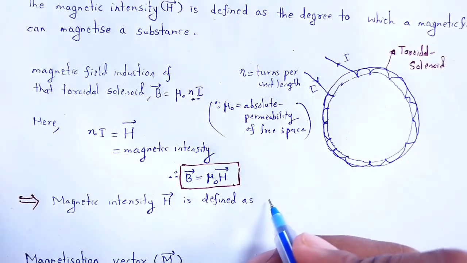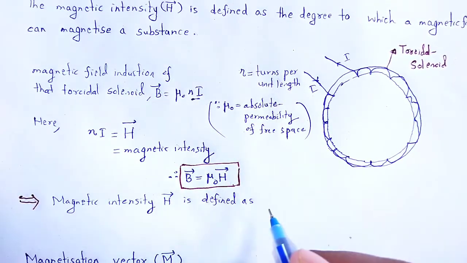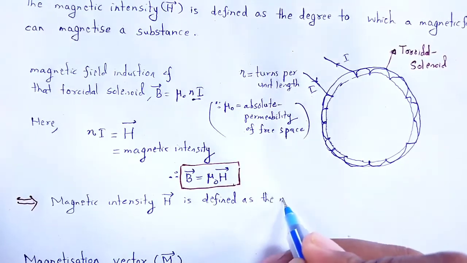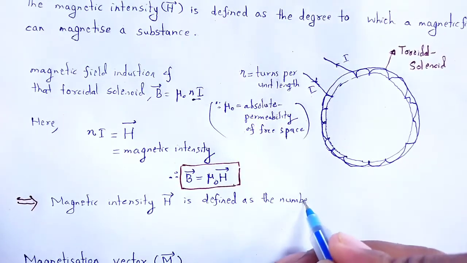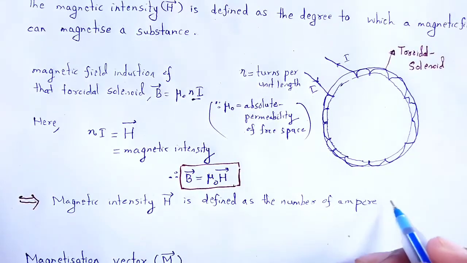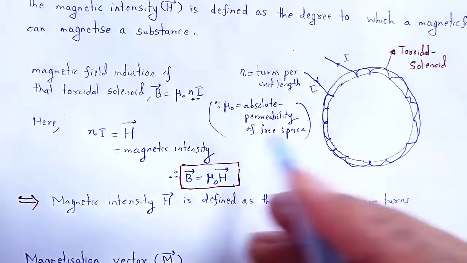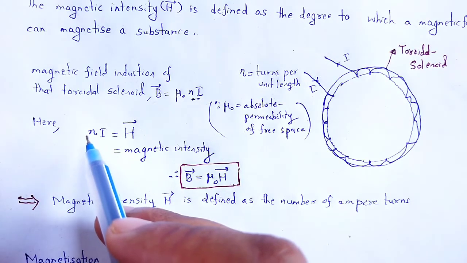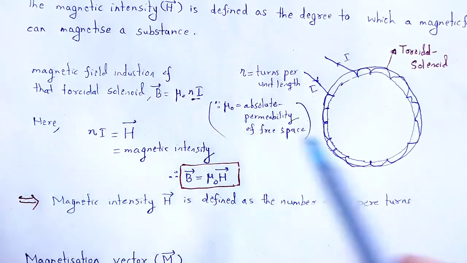the number of ampere turns. Ampere turns means n I, where I is the current and n is the number of turns per unit length.